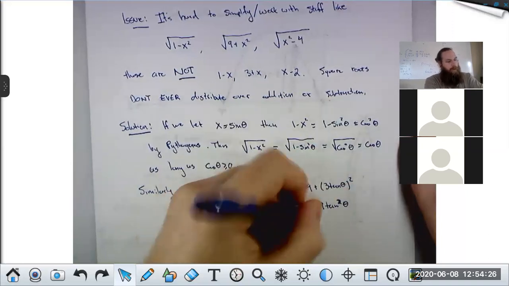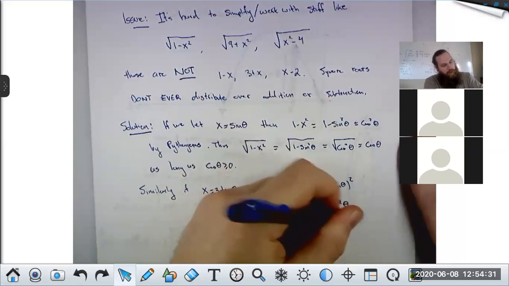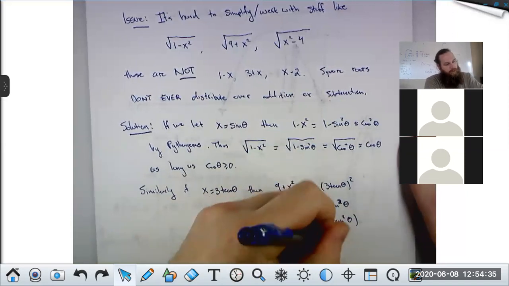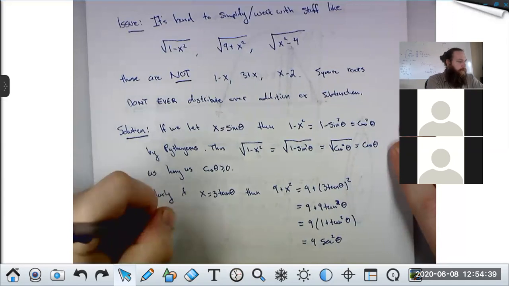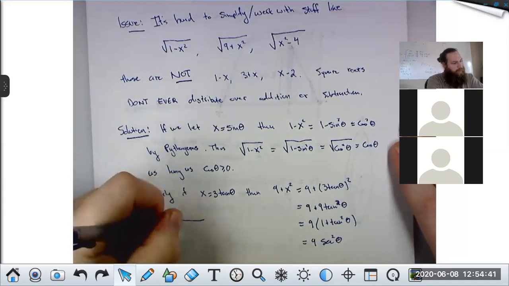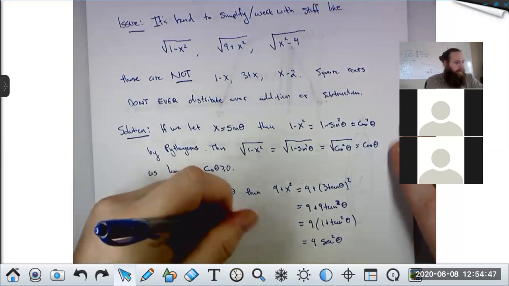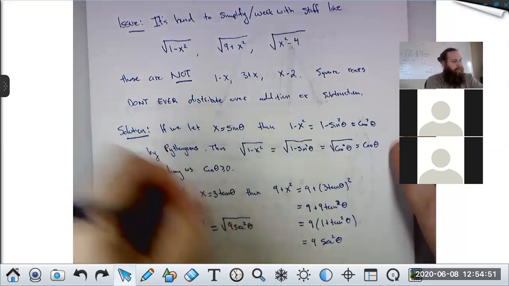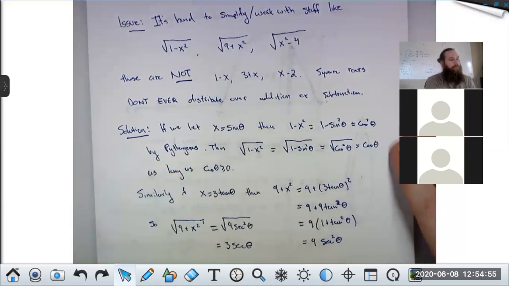You can factor the 9, and you get 1 plus tan squared theta, which is 9 secant squared theta. So the square root of 9 plus x squared would be the square root of 9 secant squared theta, which is 3 secant theta.